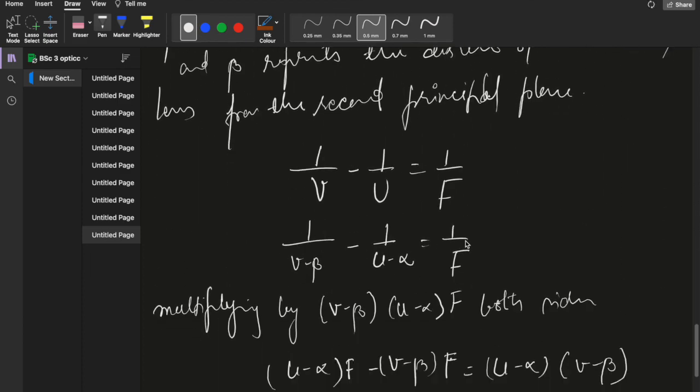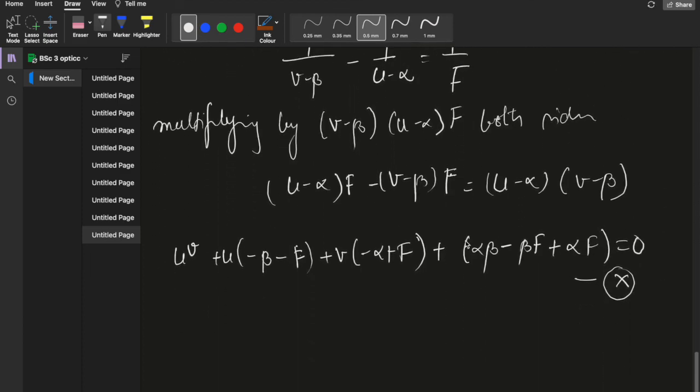Let me write the generalized equation: uv plus u b upon a plus v c upon a plus d upon a, which is equal to 0.